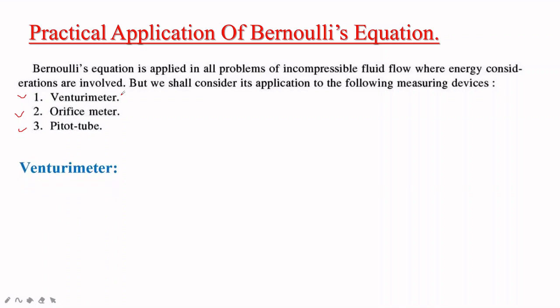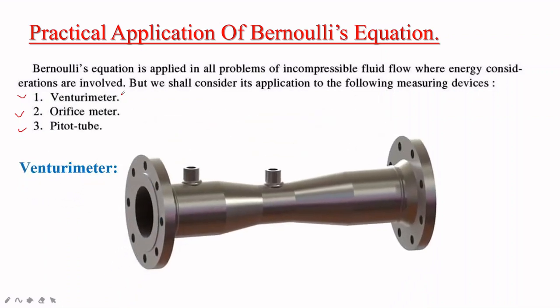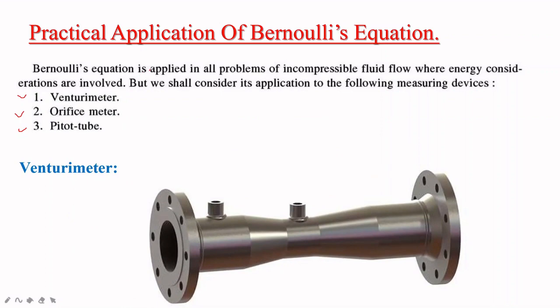So what is this Venturimeter? The Venturimeter is a device used for measuring the rate of flow of a fluid through a flowing pipe. It consists of three parts. See, this is the picture of the Venturimeter. See, it has three parts.